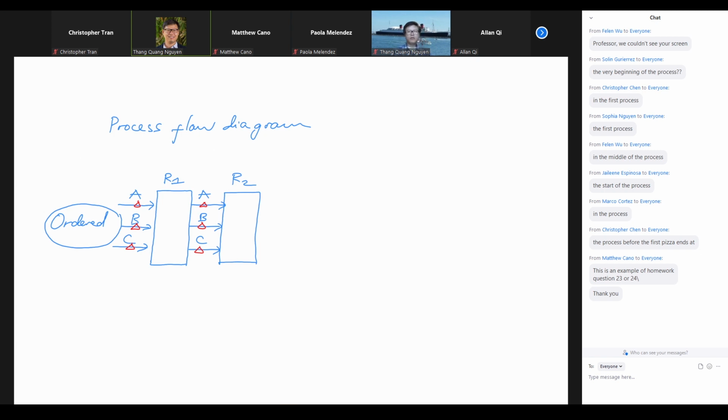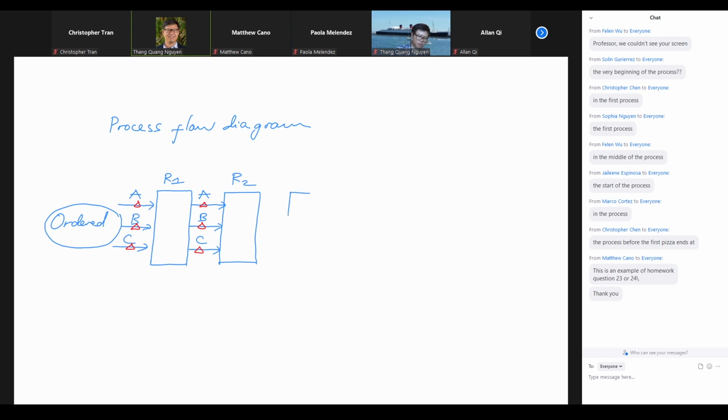At station 3, only A goes through. If you look at the table on slide 44, B and C have 0 processing time at station 3. 0 processing time just means that B and C skip resource number 3. So how to draw it here? I use my creative drawing.